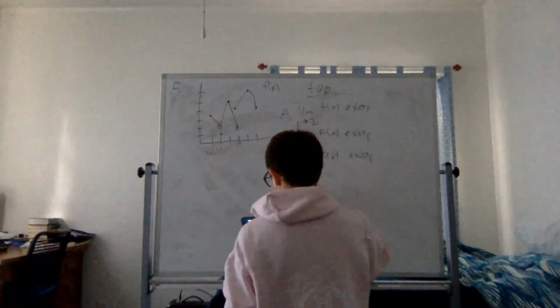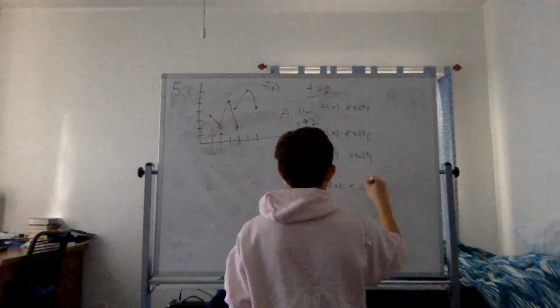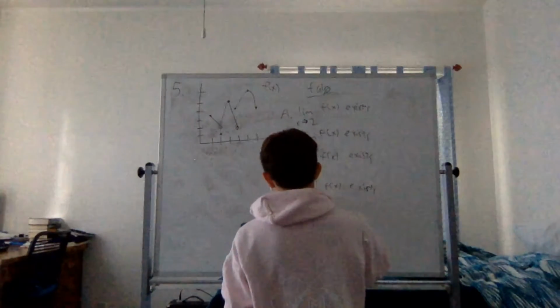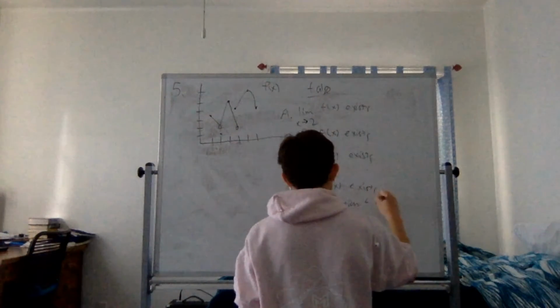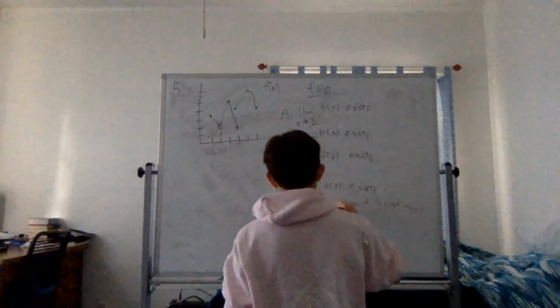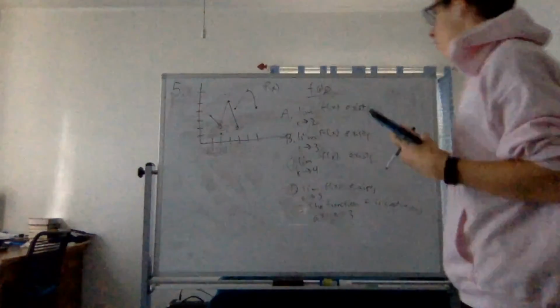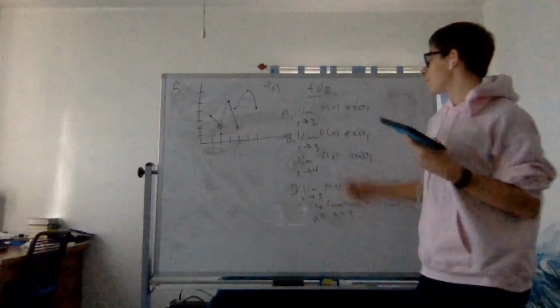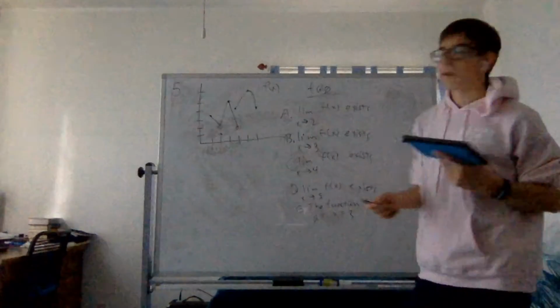D, the limit as x approaches 5 of f of x exists. Or E, the function f is continuous at x equals 3. So this one wants us to basically look at this graph. So now we'll just have to go through all the answers and find which one is false and which ones are true.